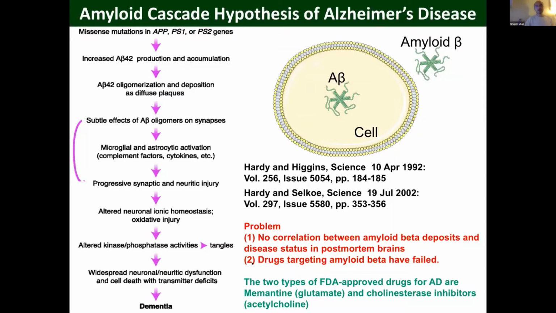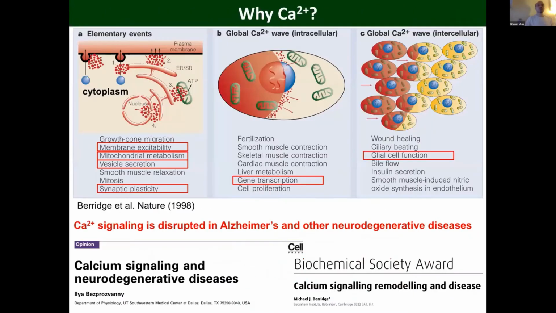In fact, the 2 types of FDA-approved drugs, there are 4 drugs for Alzheimer's disease, basically target glutamate receptors, which has something to do with calcium. They are calcium conducting channels, and they also target acetylcholine, which also is a calcium conducting pathway. So it looks like calcium has something to do with it.